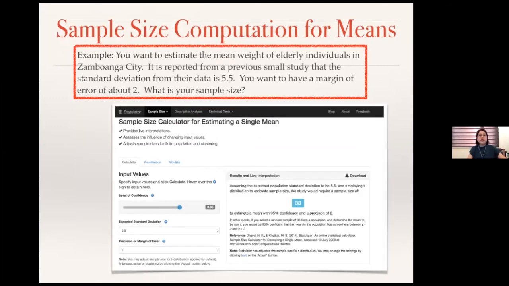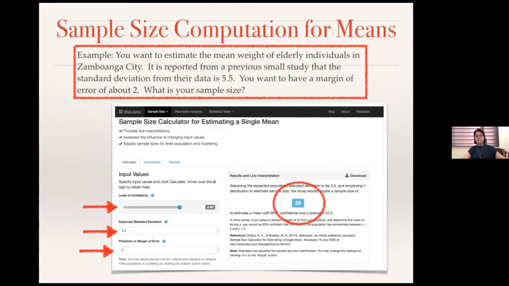In our example, the expected standard deviation is 5.5, and the precision or margin of error that you want is 2, then you only need 33. So you input properly the information you have available, then you only get 33.